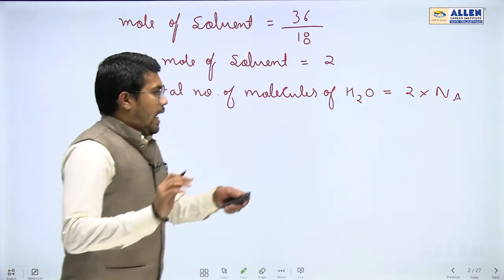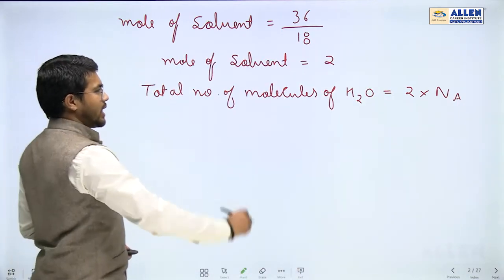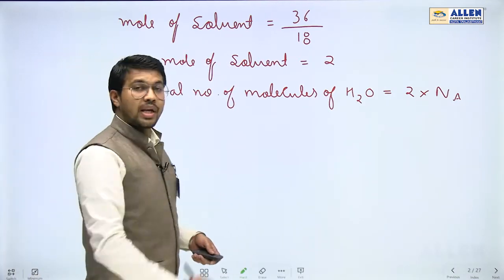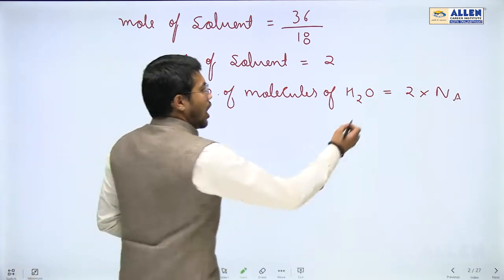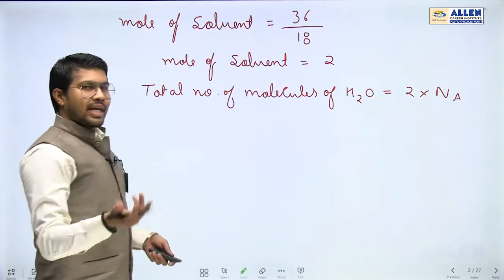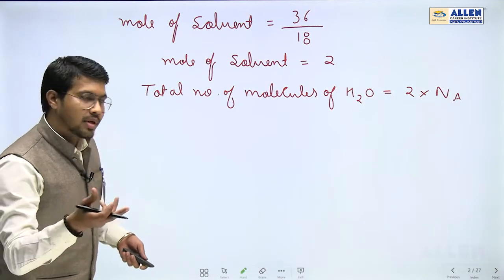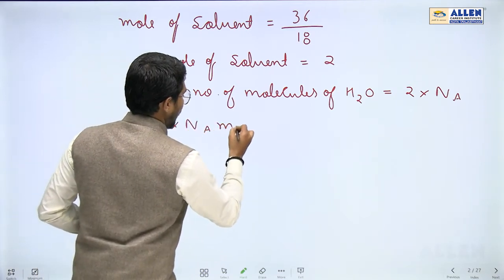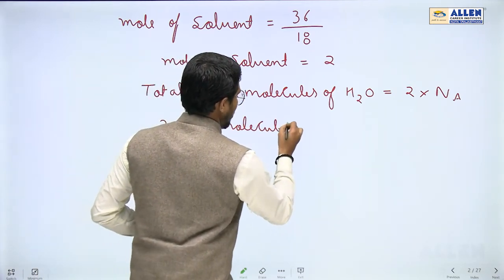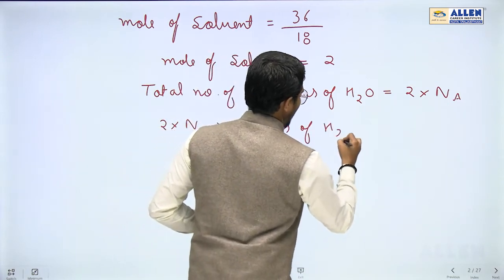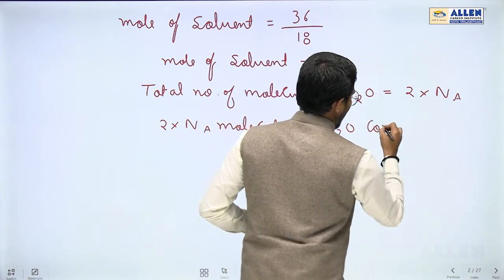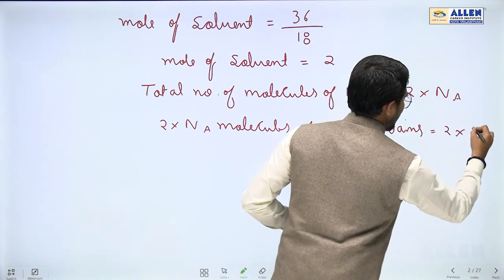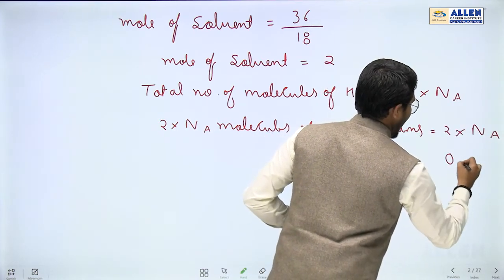Now in H2O, one molecule contains 1 oxygen atom. So 2 into Na molecules of H2O contain 2 into Na oxygen atoms.